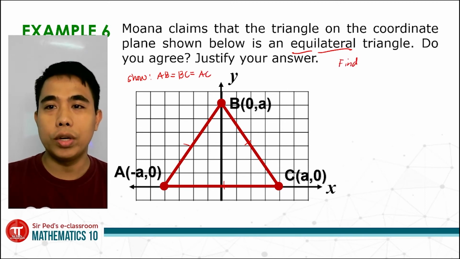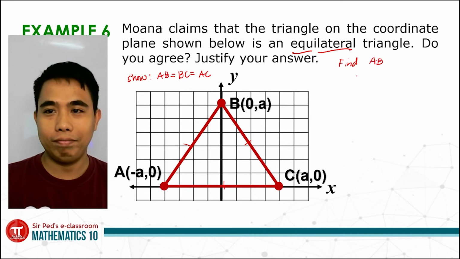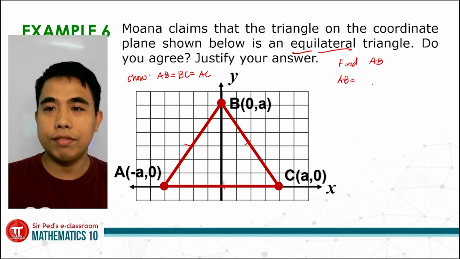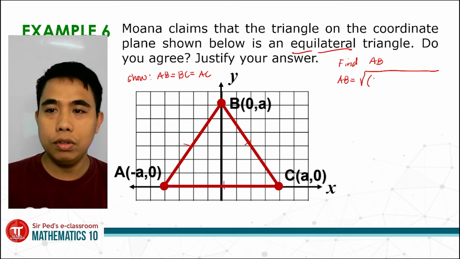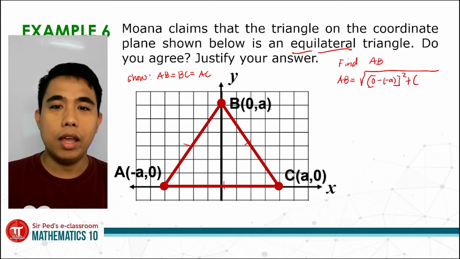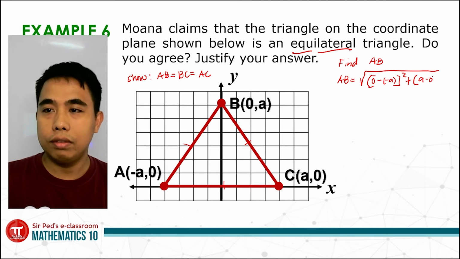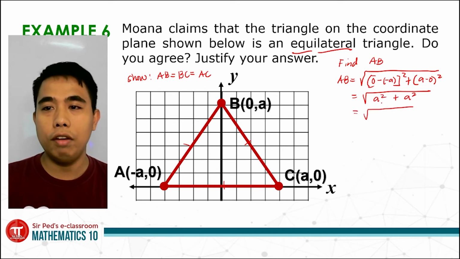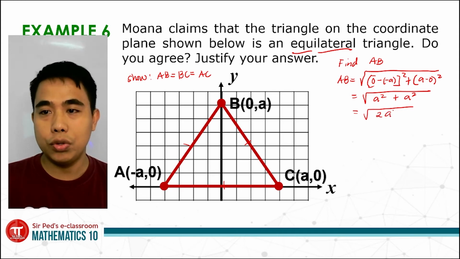So first, we're going to find AB. So remember, yung distance formula natin, that is the square root of x squared. So 0 minus negative a, the quantity squared, plus a minus 0, the quantity squared, which is equal to the square root of 0 minus negative a, that is a squared, plus a squared, which is equal to the square root of a squared plus a squared, that is 2a squared.